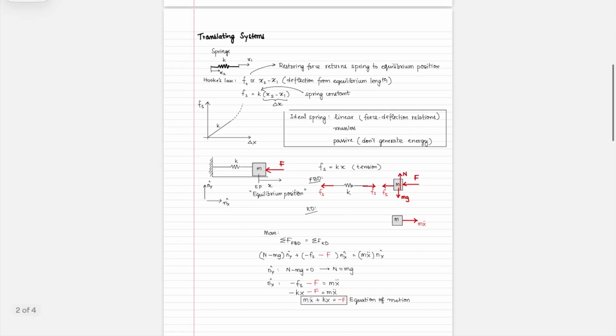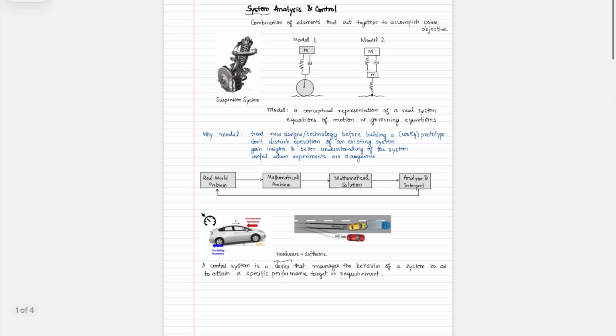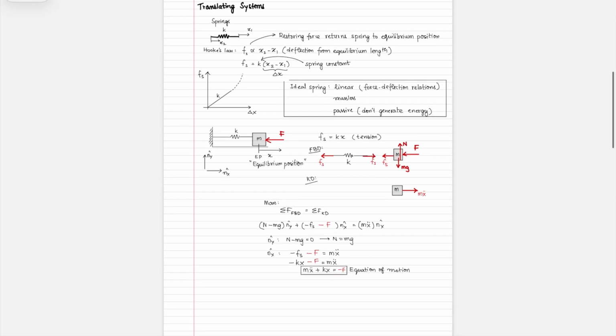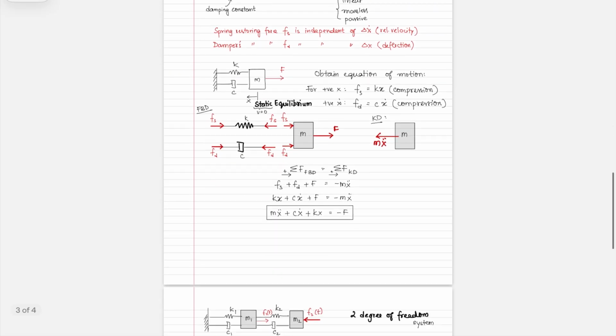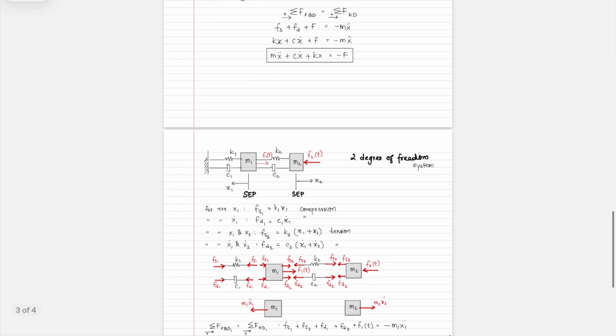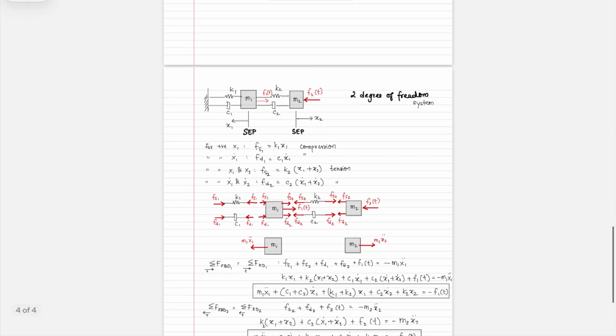Hello. In the last class, we introduced the concept of translating systems with springs and then with dampers, and then we looked at developing equations of motion, right? And we talked about a standard form of writing this, wherein you have all your system parameters and your system variables showing up here on the left, and anything that's external to the system showing up on the right.